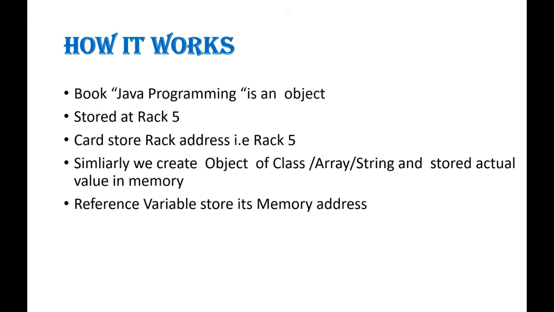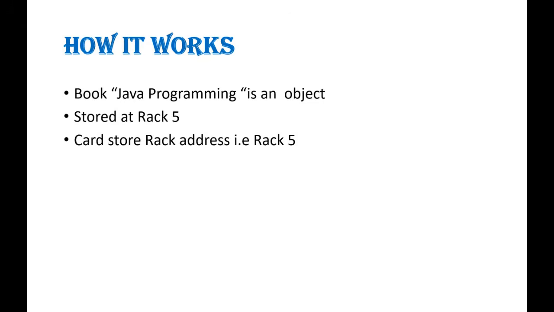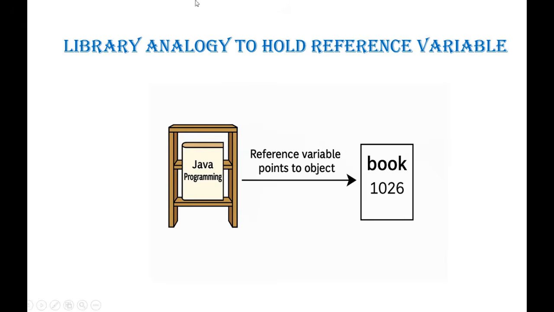In a similar way, my librarian has stored my book Java Programming at rack number 5 and written that in the card. Likewise, the variable book has stored the value 1026 inside it. So a reference variable stores a memory address. You can see the diagram here: the Java Programming book is on the shelf and book has stored the address 1026. So you can understand how a reference variable is storing the address.